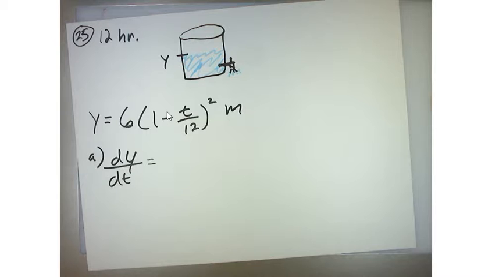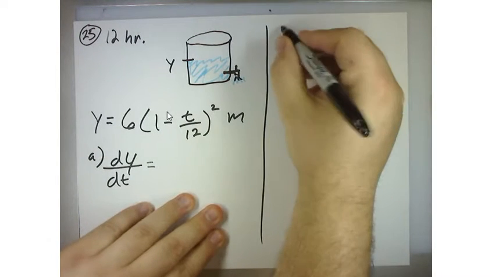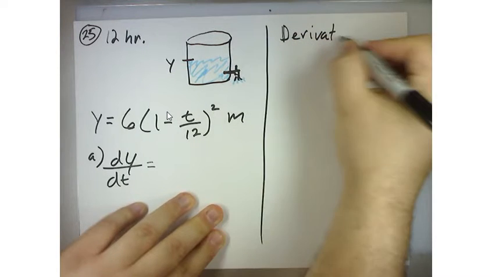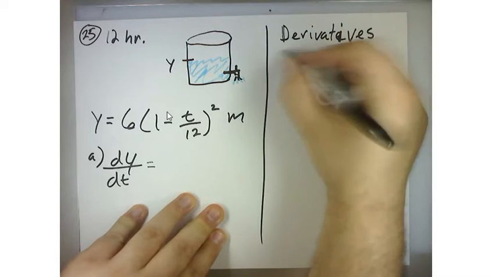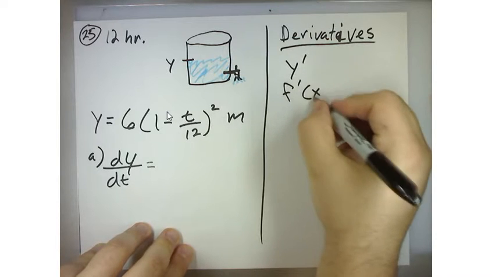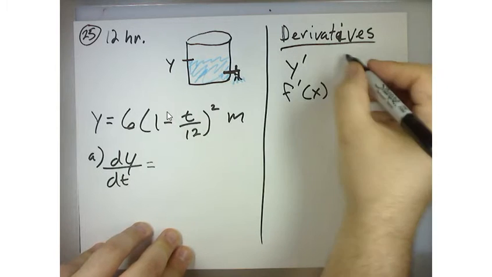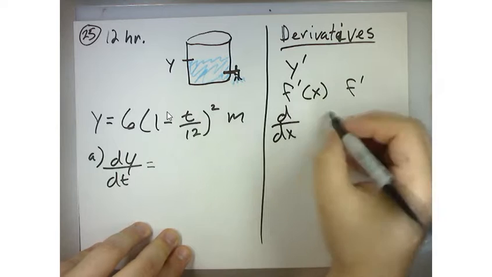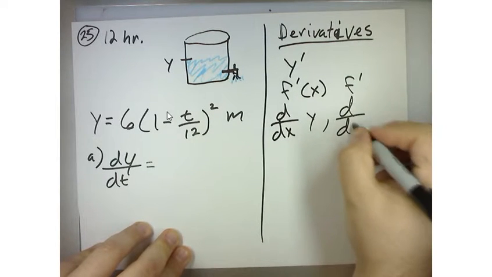So now, I had this conversation with another student yesterday. Remember that when we're asked to take the derivative of something, there's lots of ways they can ask us. They could say y prime. They could say f prime of x. They could say f prime. They could say d/dx, which means take the derivative with respect to x of y. They could say take the derivative with respect to x of f.